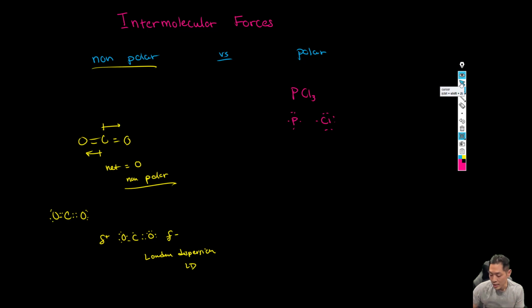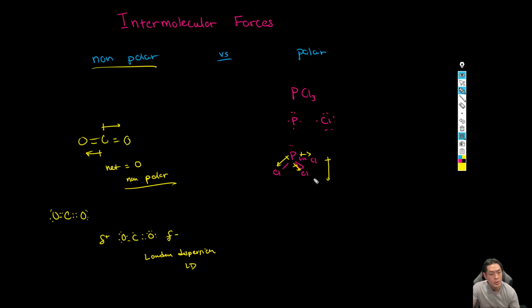So when we're looking at this 3D structure, it's going to look like this. P, then you're going to have lone pair, chlorine sticking out, chlorine going in. So what's going to happen is you're going to have a pull all this way. So the net dipole is going to be down.